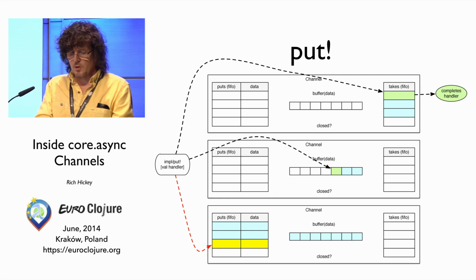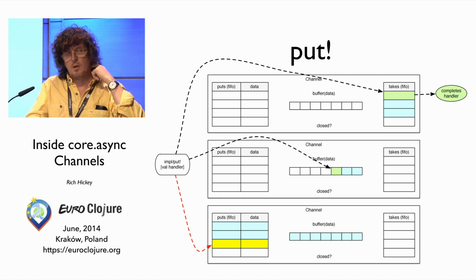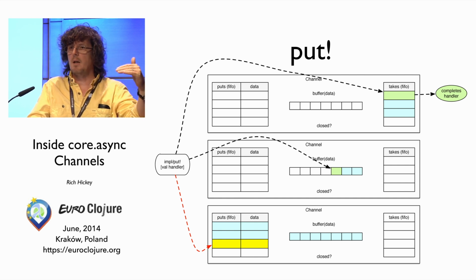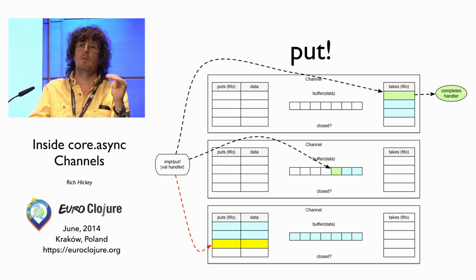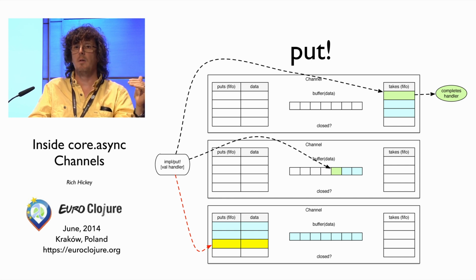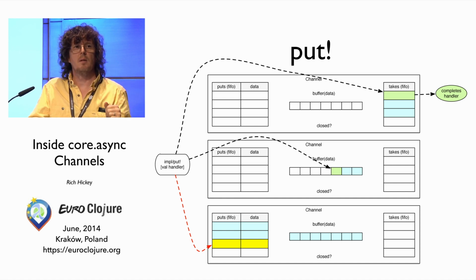So you'll see that there's two columns in this queue, because what we have to hang on to is both the data that we want to eventually convey, which we have not yet conveyed. We haven't really succeeded in putting it in the channel, and the handler that we need to communicate with when and if that ever gets into the channel.